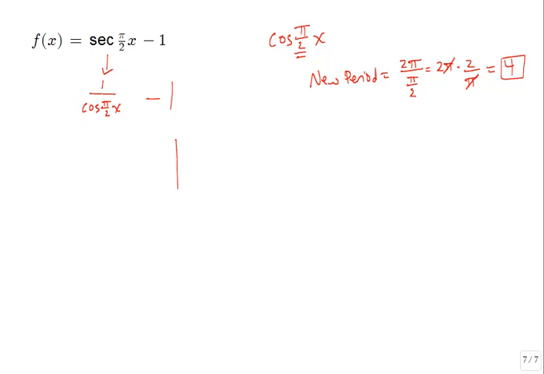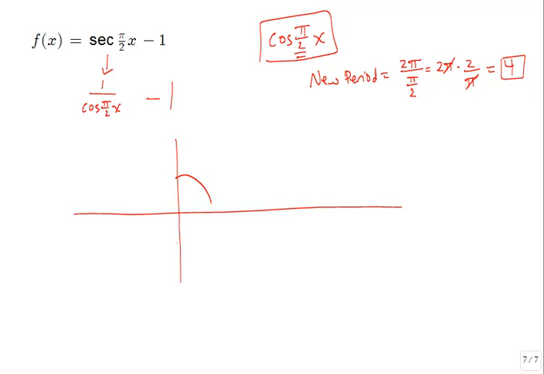So here's how we're going to show that. Make your own grid. The only thing happening to this cosine graph is a new period. We're not shifting it up or down, we're not doing any kind of phase shift, and we're not changing amplitudes. So just draw the normal U shape of a cosine graph and adjust your scale down here to be what you want the period to be. I want the period to be a width of 4.